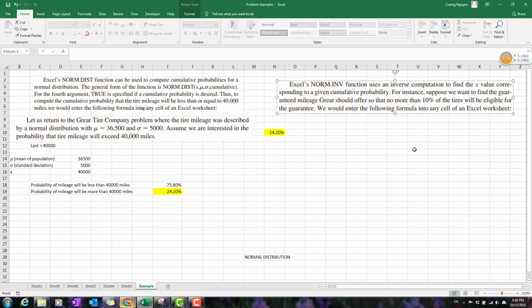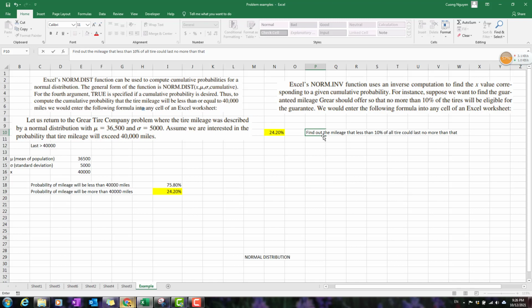Tires that should offer for no more than 10% of the time will be eligible for the warranties, and that means you have to find out the mileage that less than 10% of all time must be could last no more than that.